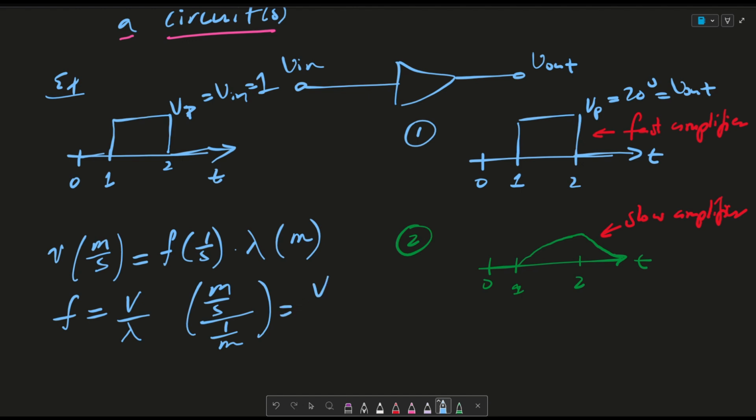So this is just v over lambda, with units of 1 over seconds, or again, we represent this as hertz.